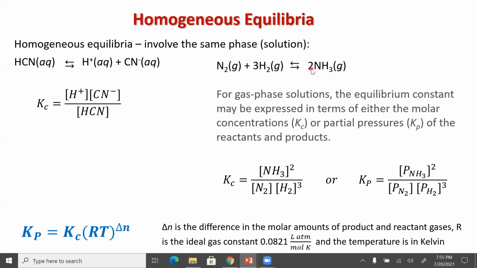So in this case, 2 minus 4. Okay, and R is going to be 0.0821, and T is going to be in Kelvin. So if we know Kc, the equilibrium constant in terms of concentrations, we can figure out K, the equilibrium constant in terms of partial pressures. This equation allows us to relate the two.